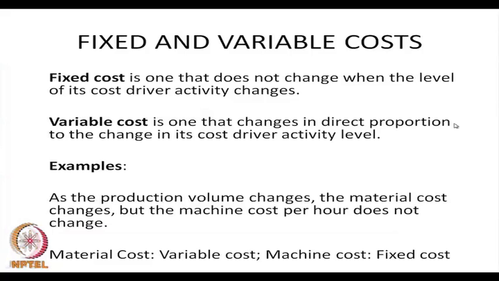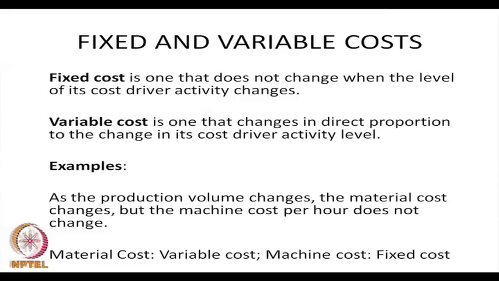As I said, there are different classifications of costs, but one classification is whether a cost is a fixed cost or a variable cost. That classification is based on whether there is a relationship between the cost and the output or the volume of activities that is performed.